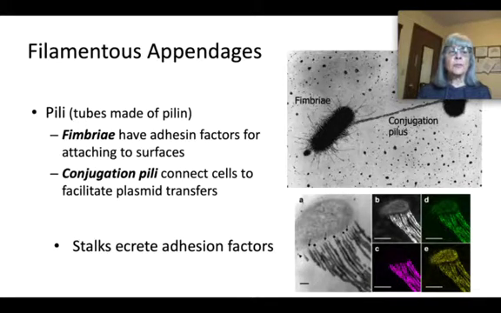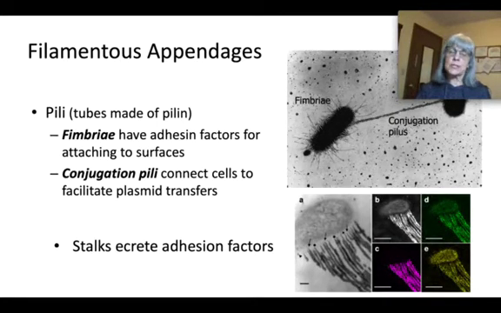The other type is called a conjugation pilus, and this is used to connect one cell to another in order to transfer genetic material that is found in a plasmid. They're both used for attachment or connection, but for different reasons.